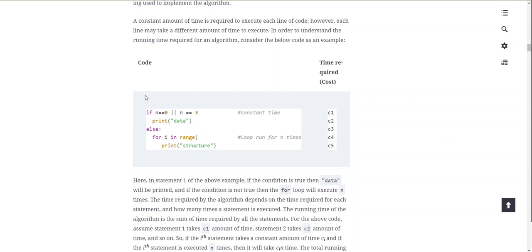If I start before this block of code, say I start up here and work my way down, I'm on that line of code. How many times am I going to run that line of code? Once. It doesn't matter how big n is, I only do this once.